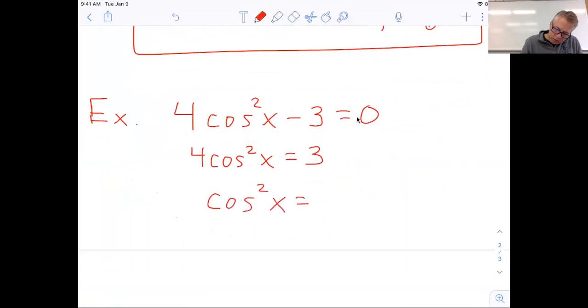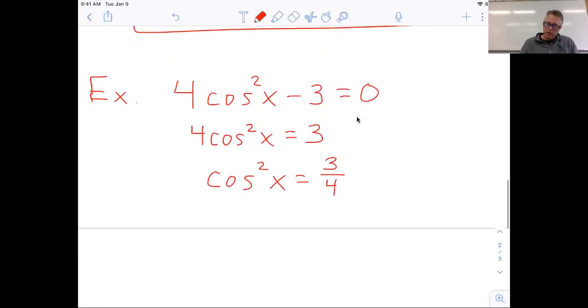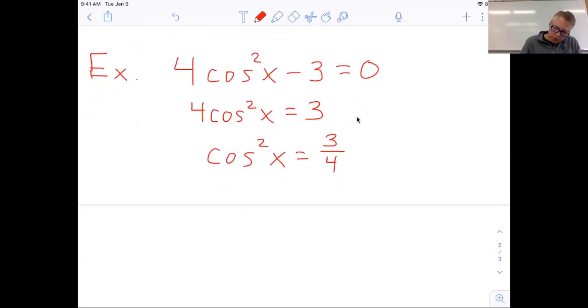So we get cosine squared x is equal to 3/4. And now we have to take the square root of both sides. And don't forget, when you take the square root of the right side, it's plus or minus. The square root of 3 is on top, and on the bottom is the square root of 4, which of course is 2.